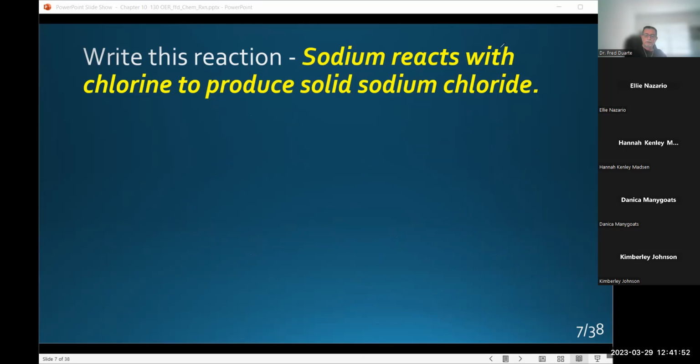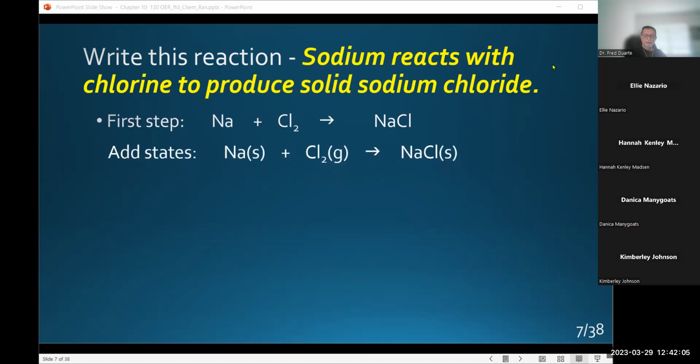Okay, so let's write it out. The first step was to write the formulas for the reactants and the products, and of course the oxidation state for all of them. Then we balance it.